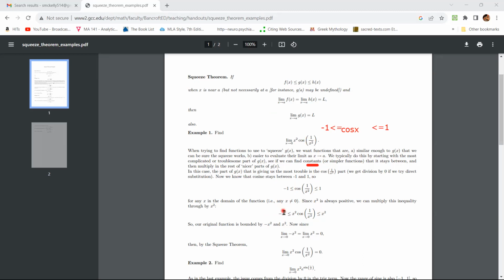Can I find the limit of this? Can I find the limit of that thing on the right? And if I can find both of those limits, then I can find this limit in the middle that I didn't know.